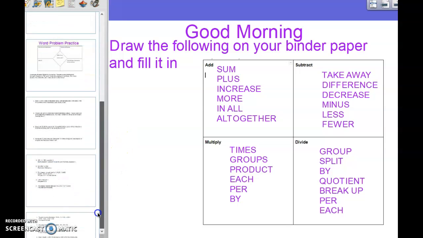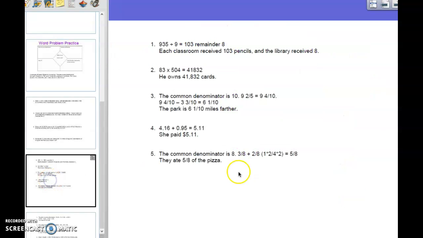I am going to pull up the answers from the work you did for the word problems. Here are the answers for the first slide. Again, you might want to pause because I'm trying to get through this quickly.